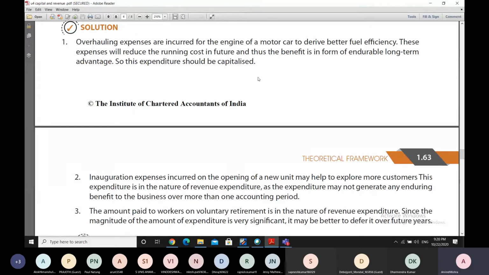An immediate benefit is resulting because cost is being reduced straight away. If the cost is being reduced straight away, then the expenditure on the workers on voluntary retirement benefits is in the nature of the revenue expenditure. But of course, the amount is significant. So if the amount is significant, what can be done is that it can be deferred over future years.